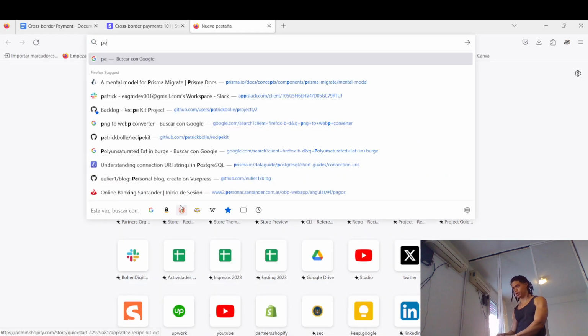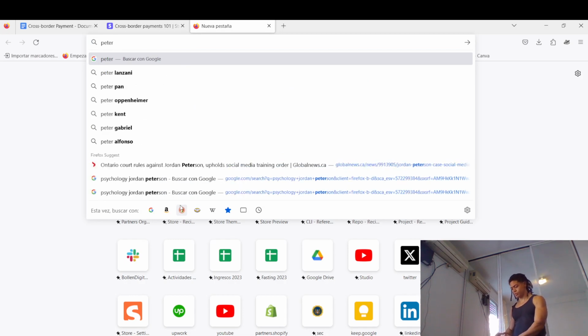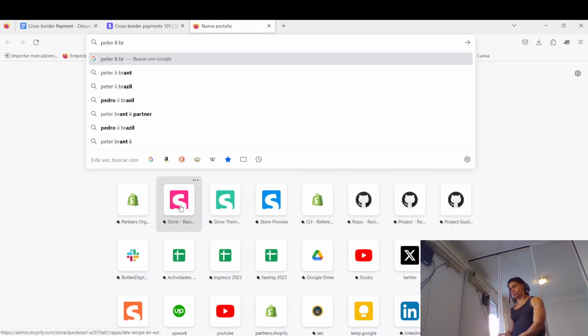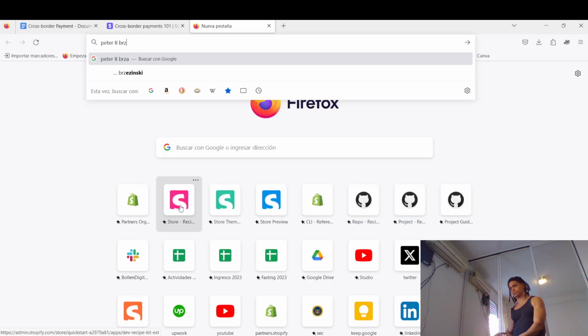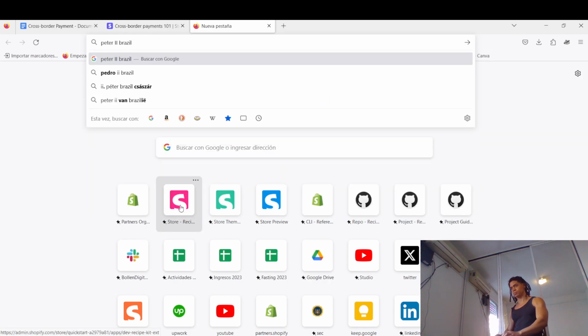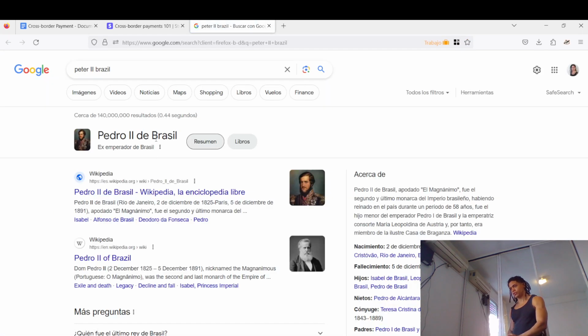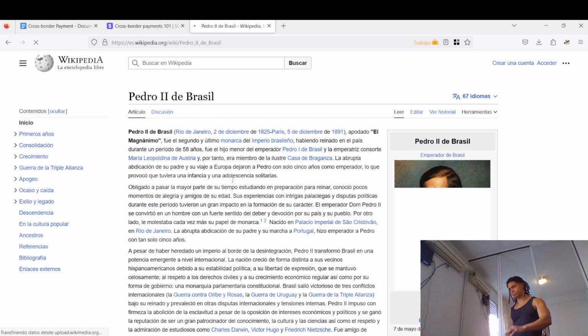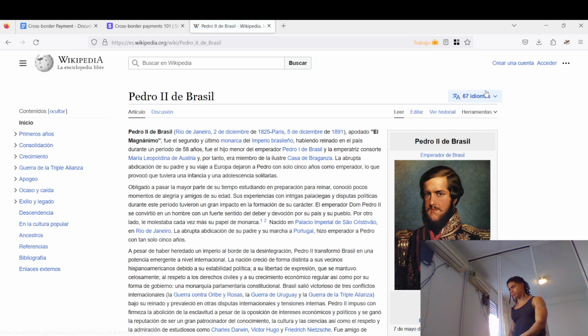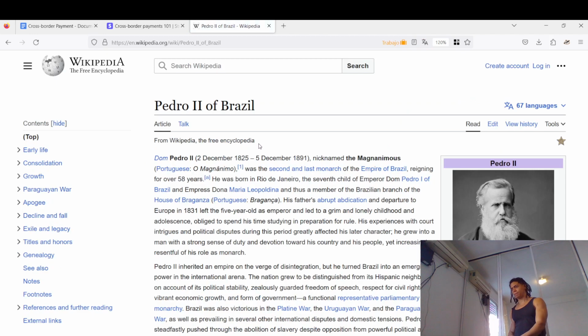So if we go here, Peter II, Brazil. Pedro II of Brazil. I'm looking for Peter, but in English.